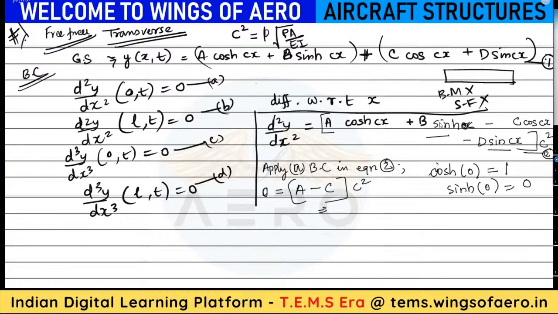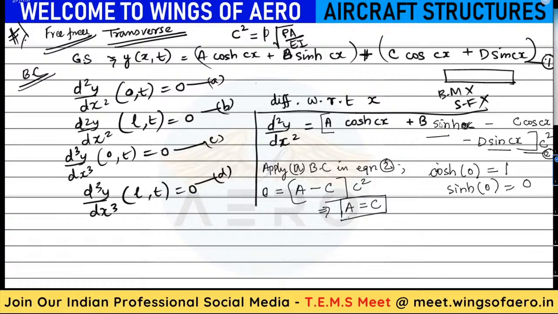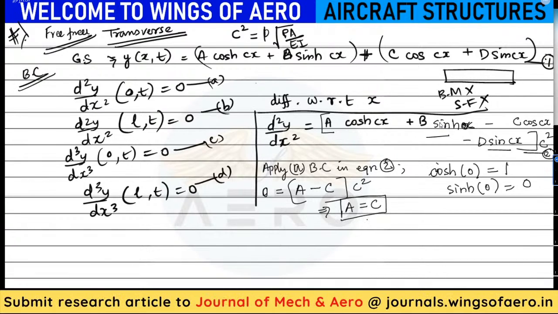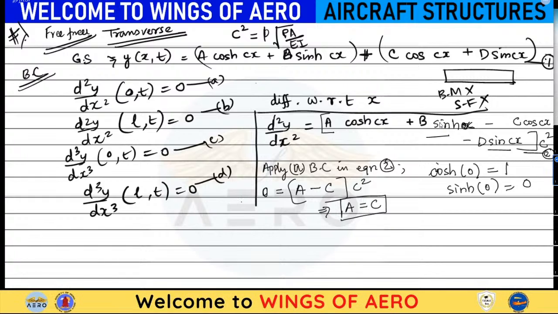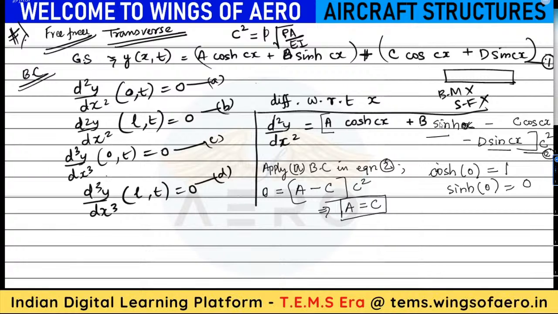Now from here, can I write a equal to c? Yes, ma'am. Now apply the next boundary condition. What was the next boundary condition? It is when d square y by dx square is 0 at x equal to L.